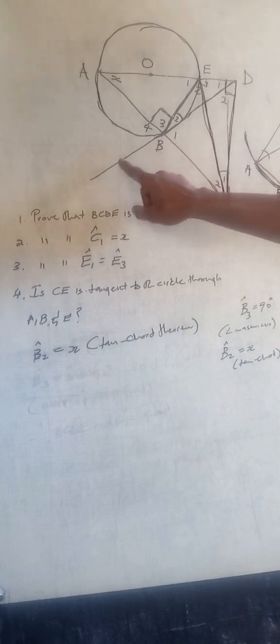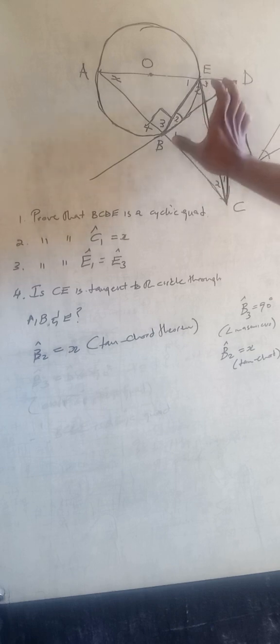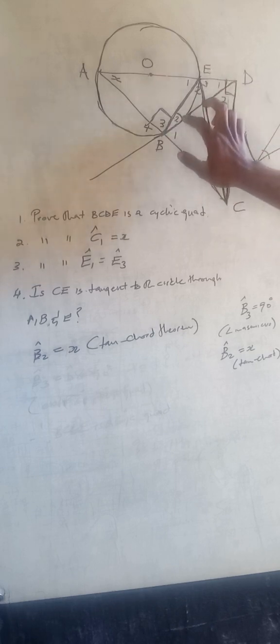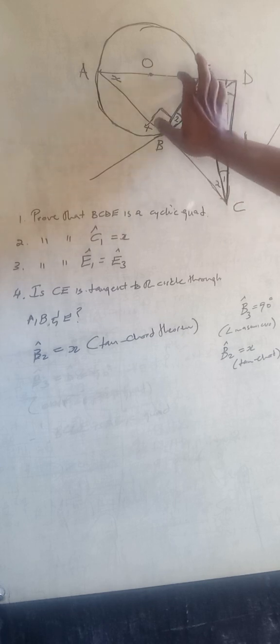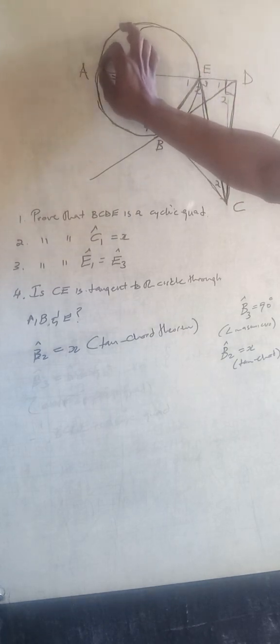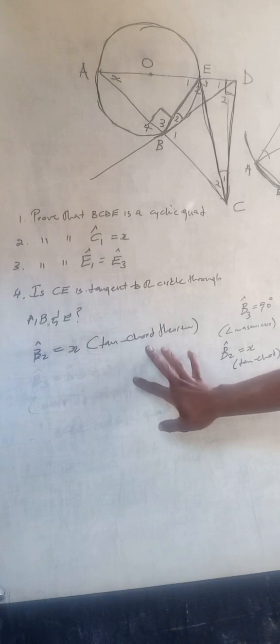BD is a tangent to the circle at point B, and BE is a chord, so angle B2 is the angle between the tangent and the chord, and it is equal to the angle in the alternate segment.